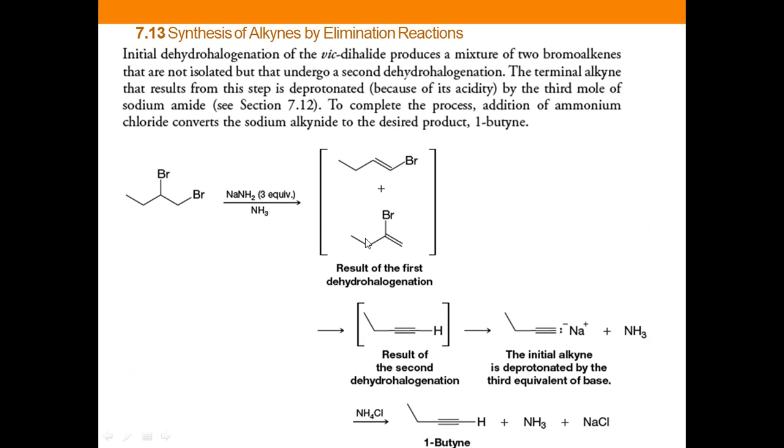You have 2 equivalents because the third one will abstract this to form the conjugate base of this. So we acidify this again to return to this product. It's just a matter of the conditions of our reaction. So our final product is again 1-butyne.